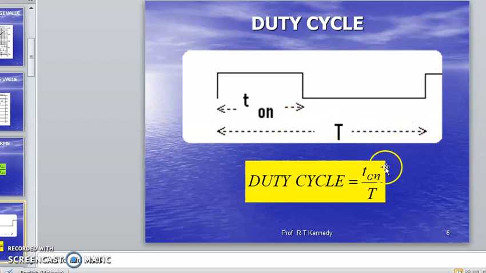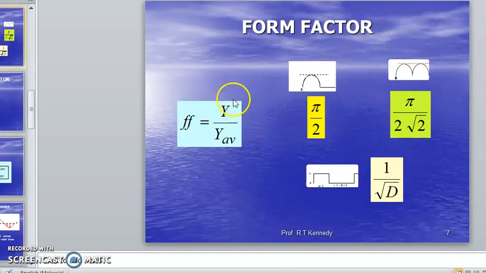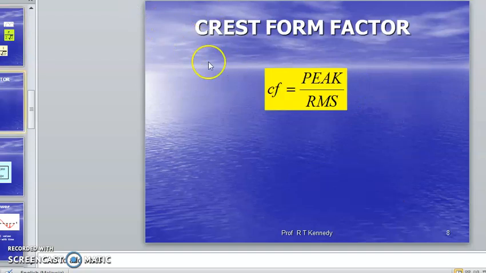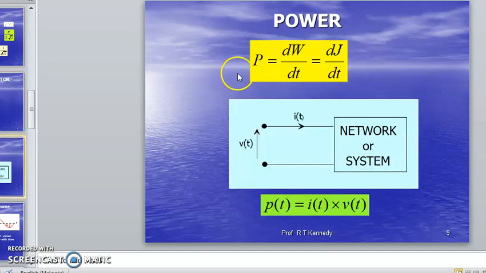Form factor is the amount of magnitude compared to the overall period. We shall see this one later. This is crest form factor. These are the attributes, the values mentioned in the datasheet, and you have to understand them, because they will be used in certain designs of our circuit.